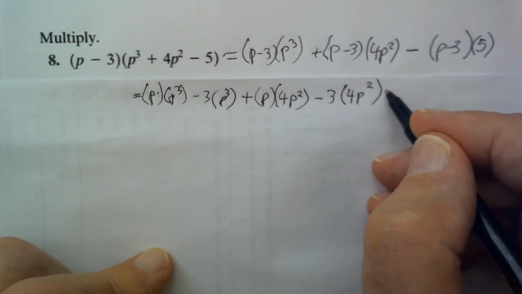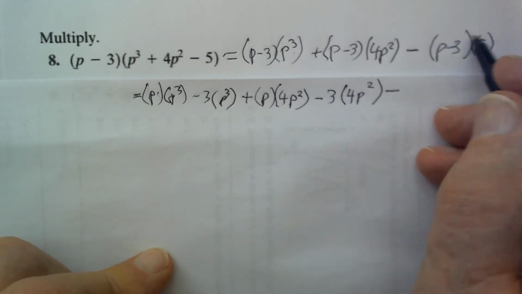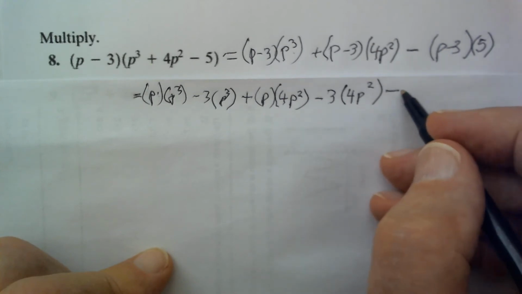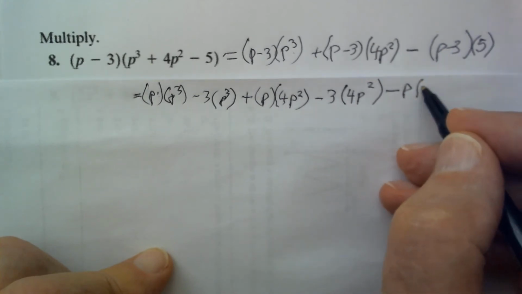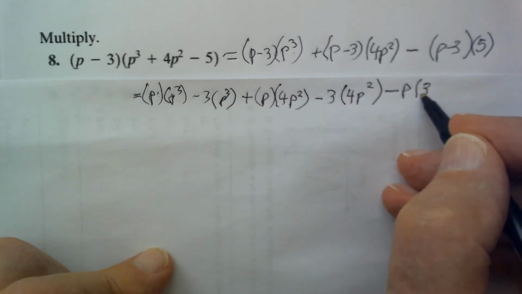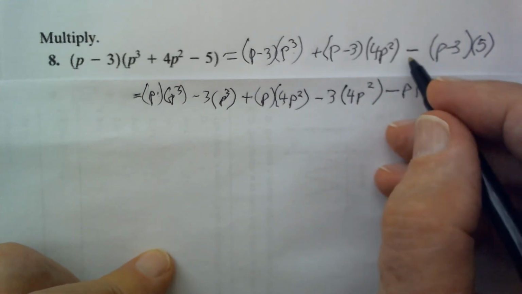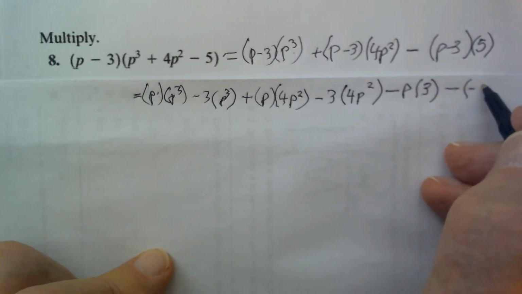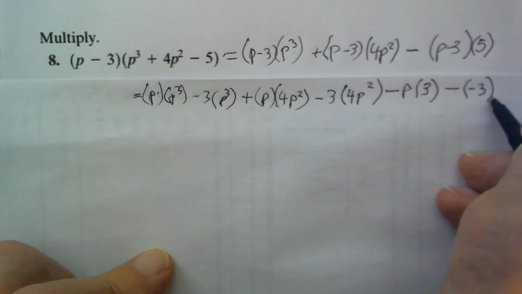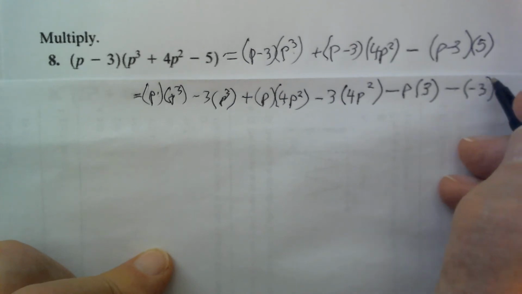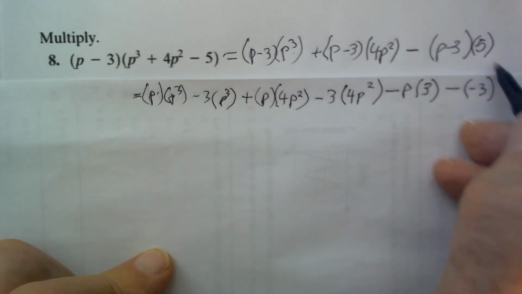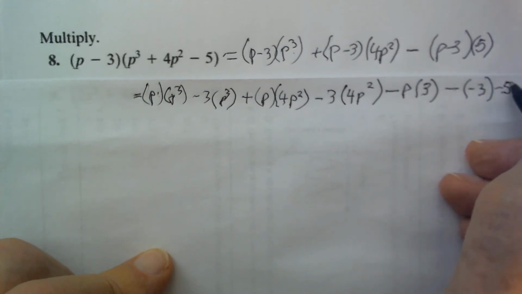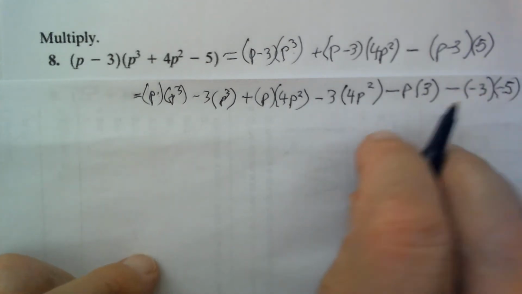And now we have minus p times 3, and then minus 3 times minus 5. There was a minus 5, yeah.